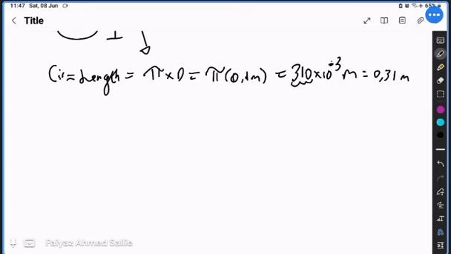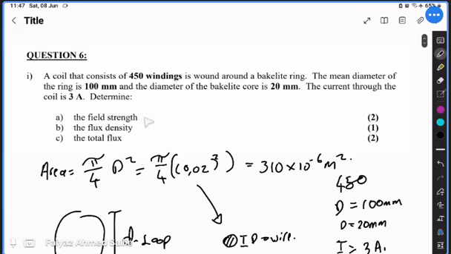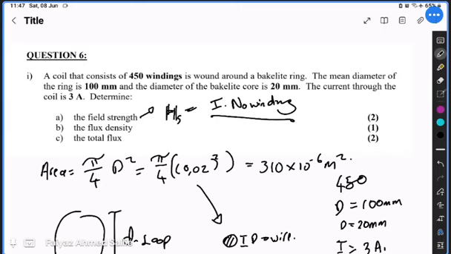We are going to now calculate for the first question. The first question wants us to calculate the field strength. And if we look on the formula sheet, field strength is equal to H. Field strength is equal to the current times the number of windings over the length.